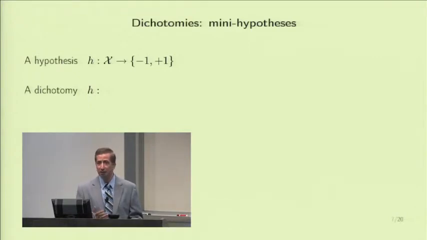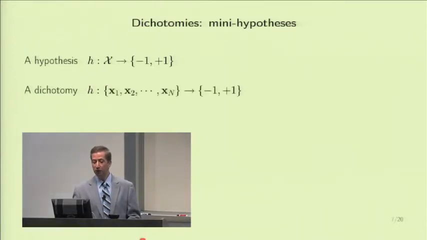We can even give it the same name because it's returning the same values for the points it is allowed to return values on. But the domain of it is not the full input space, but very specifically x1 up to xn. Each one of these points belongs to script x, the input space. But now I'm restricting my function here, and again, the result is -1 or +1 exactly as it was here. That's what a dichotomy is.